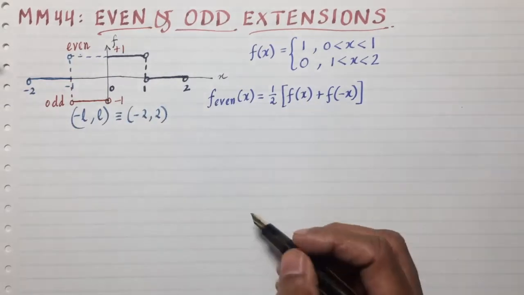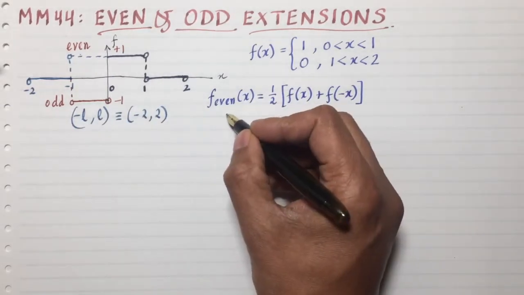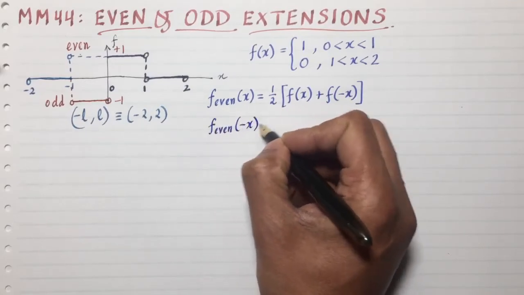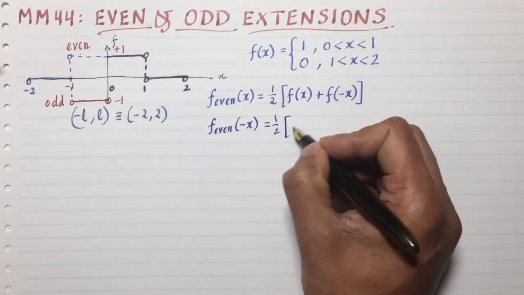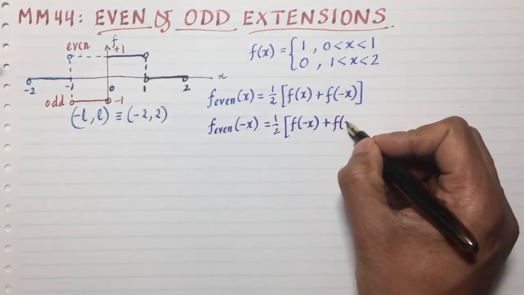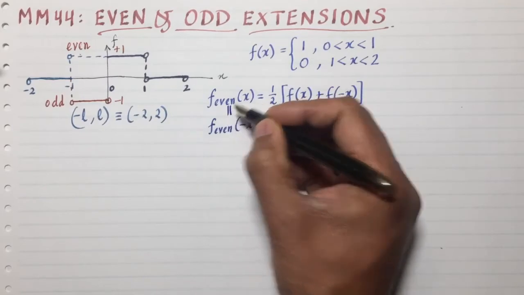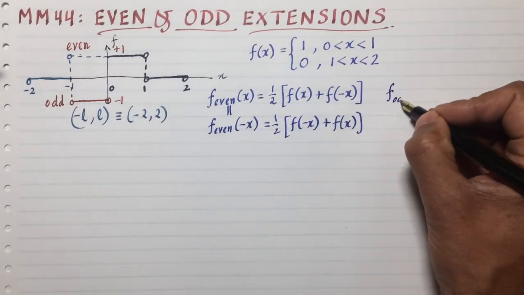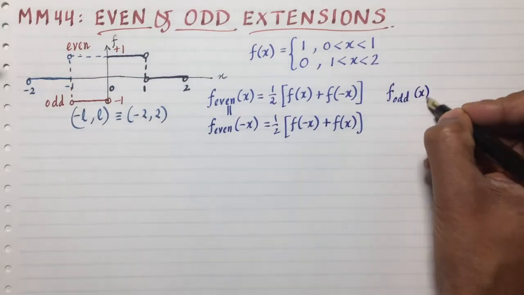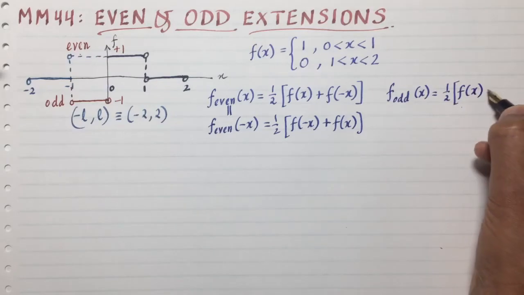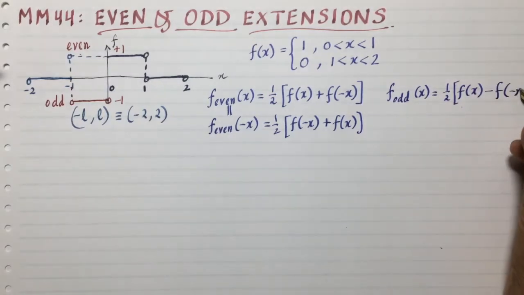So it makes sense. And the reason this is an even extension is, if we try to put x equal to minus x, we're going to get 1/2 f of minus x plus f of minus x, which is just f of x, and it's the same function. Well, that is the mathematical definition of an even function. If we tried the odd extension, that's going to be 1/2 f of x minus f of minus x.